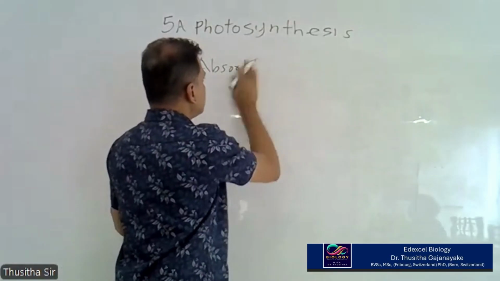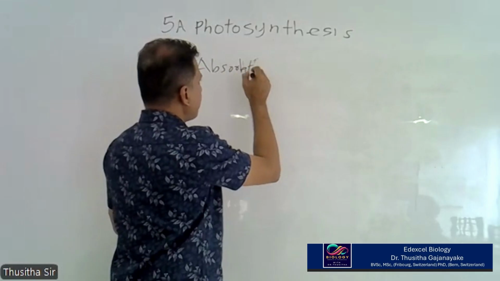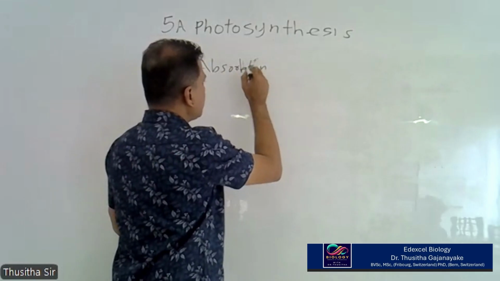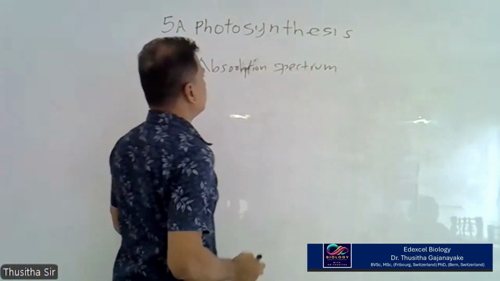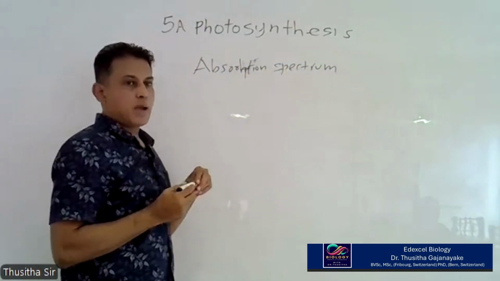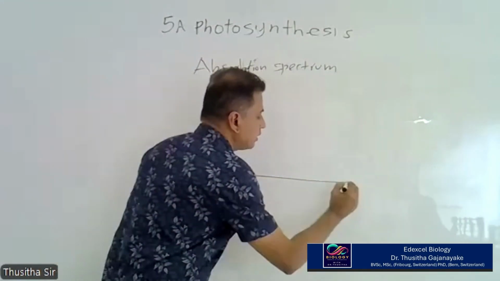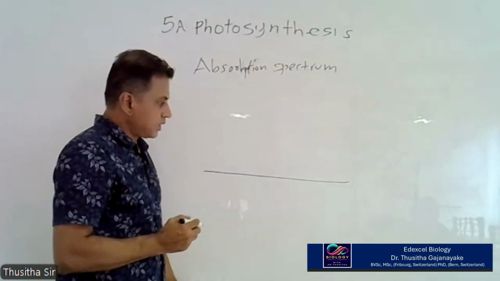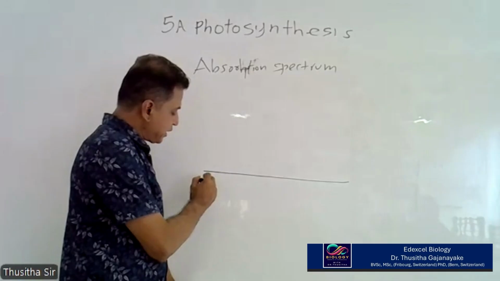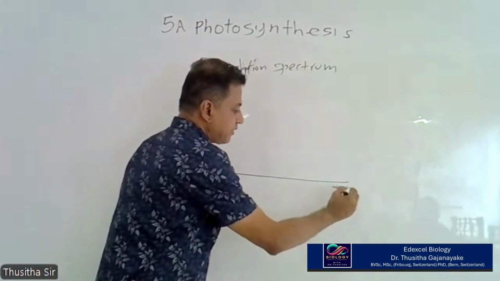Here on the x-axis we place the wavelength of the visible light, ranging from 400 nanometers to 700 nanometers.